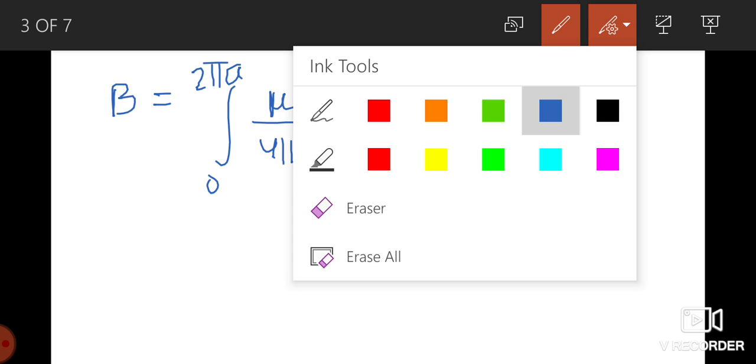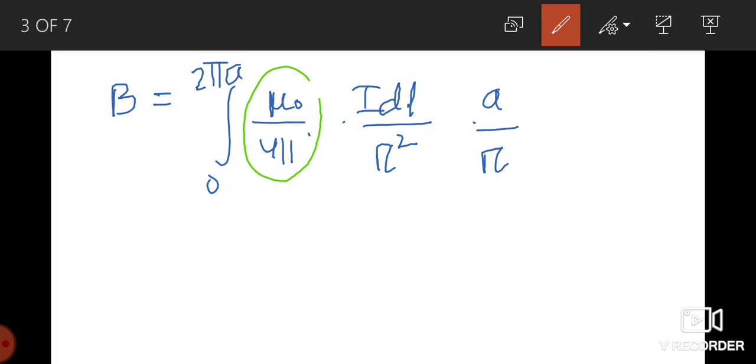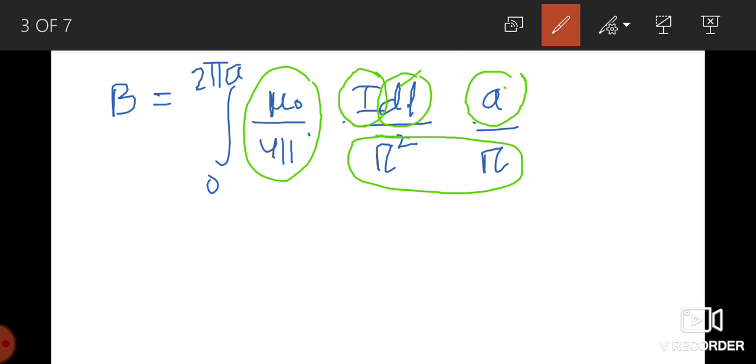As mu 0 by 4 pi is constant, the current is constant, a is the radius of the circular coil and is also constant, and r is the distance from the point M to the point P on the axis, which is also constant, only dl has to be integrated.